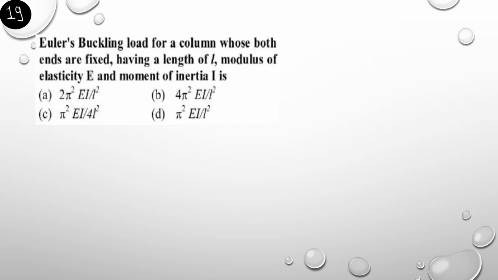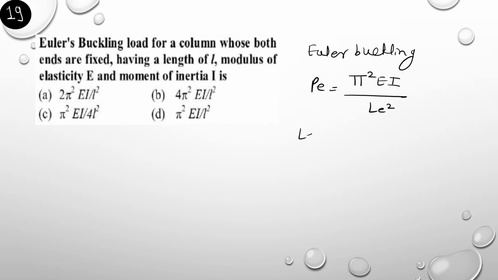The next question: Euler's buckling load for a column whose both ends are fixed, having a length of L and modulus of elasticity E, with moment of inertia I. To find out the Euler's buckling load, the formula is PE equals pi square EI divided by LE square.